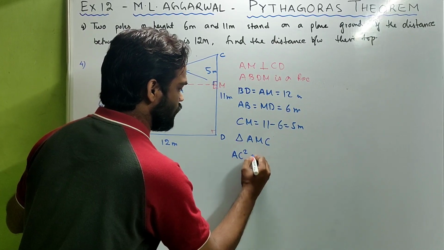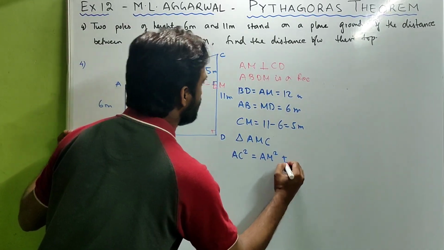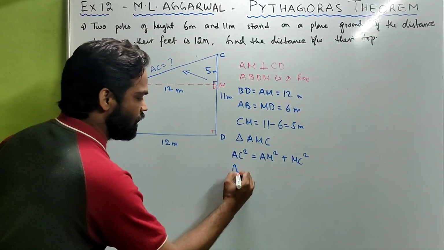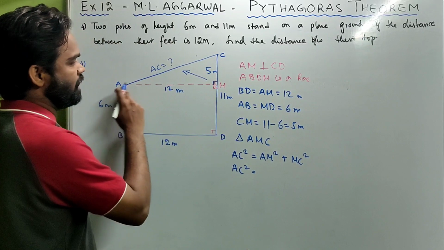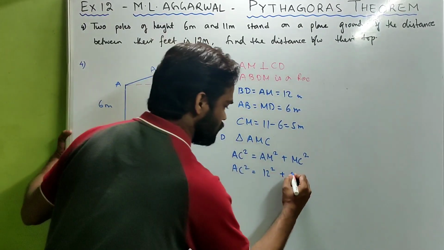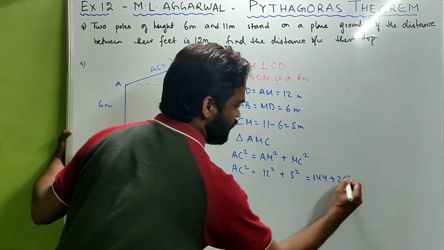So AC square, the hypotenuse square is base square, which is AM square, plus the perpendicular square, which is MC square. Now AC square equals to AM. AM is 12. So 12 square. MC is 5. So 5 square. 12 square is 144. 5 square is 25.